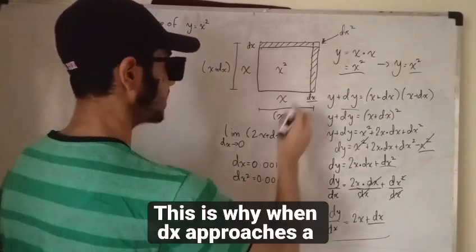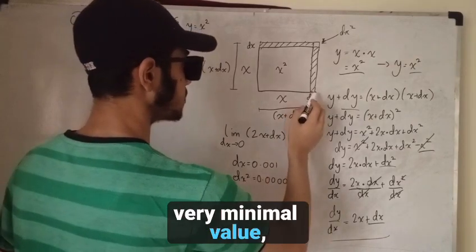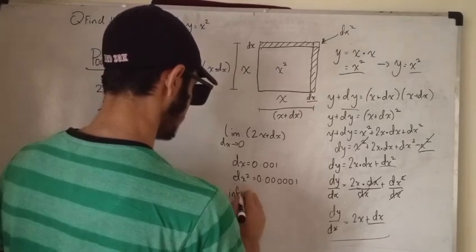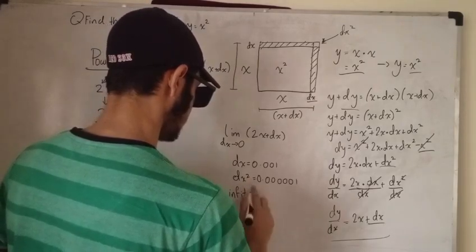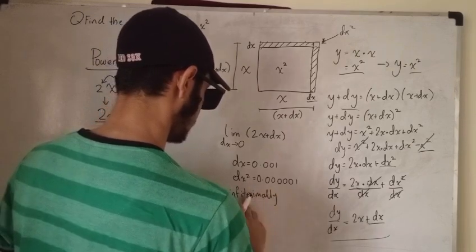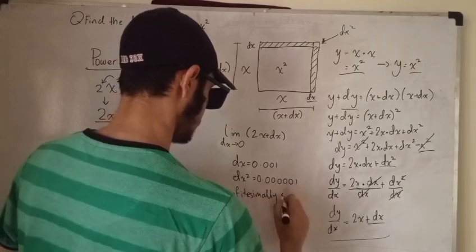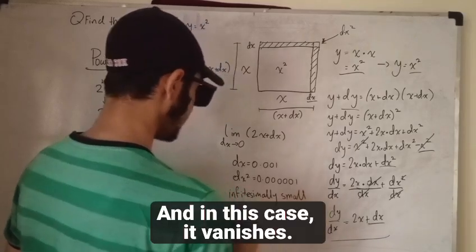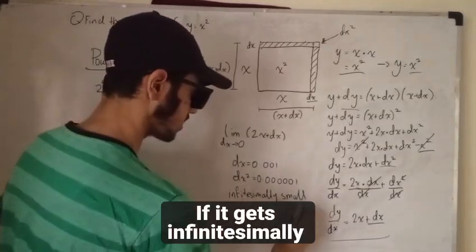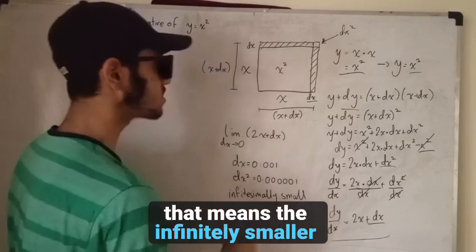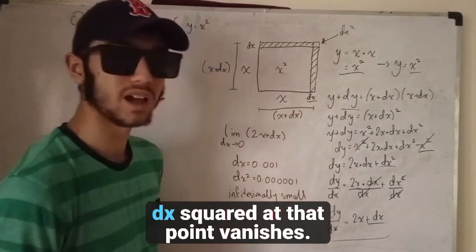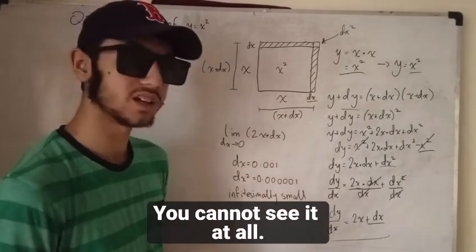This is why when dx approaches a very minimal value, dx squared gets infinitesimally small, and in this case, it vanishes. You cannot see it at all.